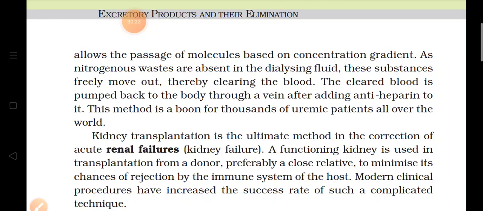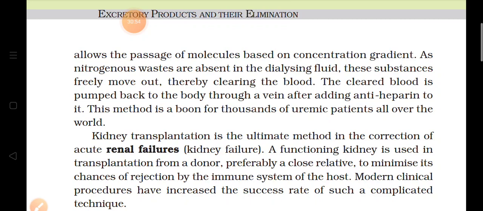Now the next disorder is renal failure. Sometimes kidney transplantation is done, because the kidneys fail and stop functioning. A kidney from a donor is taken, and preference is given to a close relative as the donor. Why is there a need for a close relative? Because our body can identify foreign cells, and the cells can be destroyed by the defense mechanism of the body.